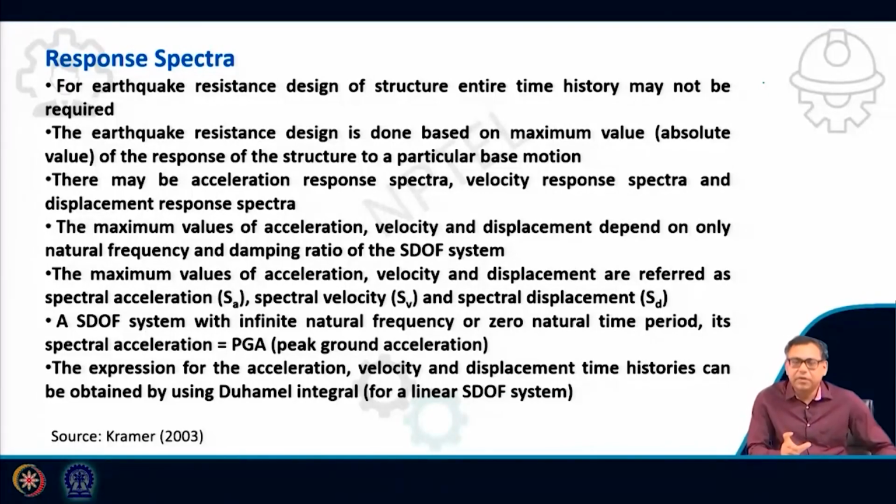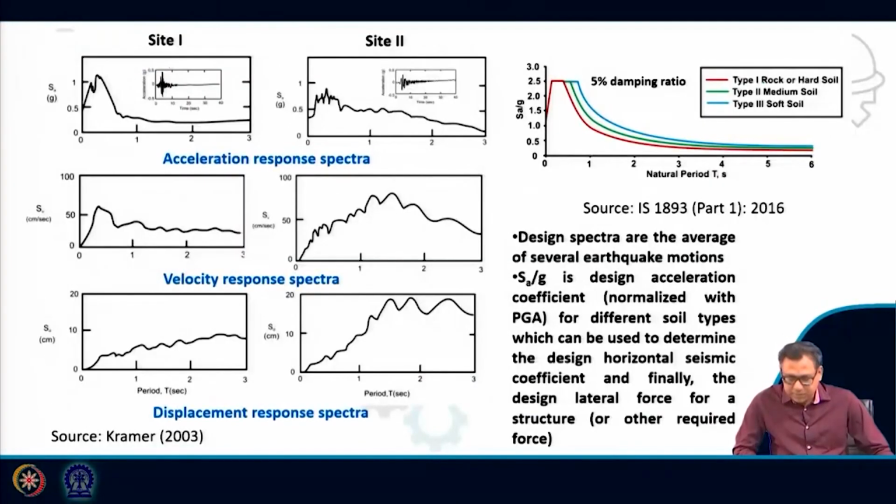Then from there you will get the maximum value, and you plot that, and you will get the acceleration response spectra, velocity response spectra and the displacement response spectra. So these are the acceleration, velocity and displacement response spectra for different sites.